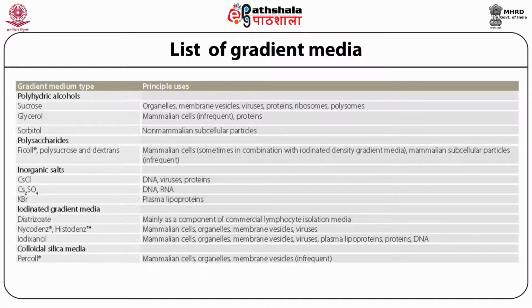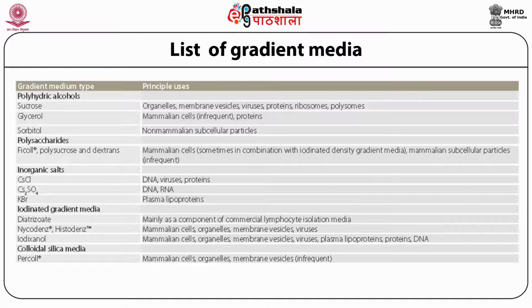It should not interfere with the assay procedure or react with the centrifuge tube as well. It exhibits a property that can be used as a measure of concentration, so it can be used as a probe. Then it is easily separable from the purified product, and last, it is autoclavable and cheap. So these are the certain criteria for the selection of the different gradient media.